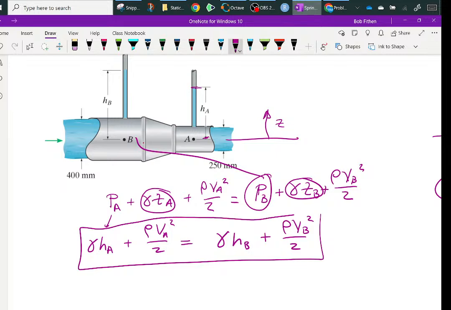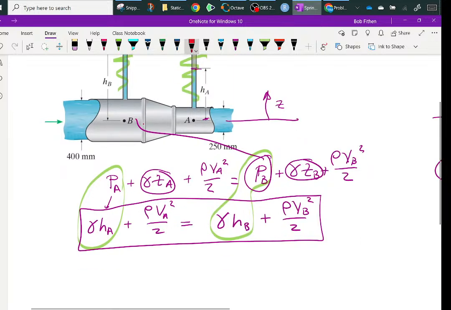So this step was because of the manometers. So these things give you that step where you can replace that.